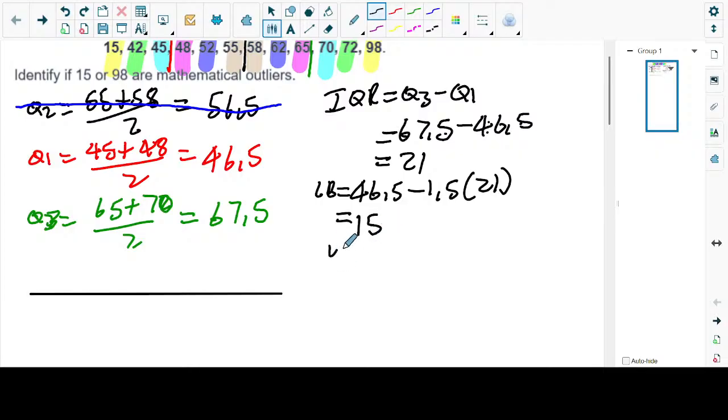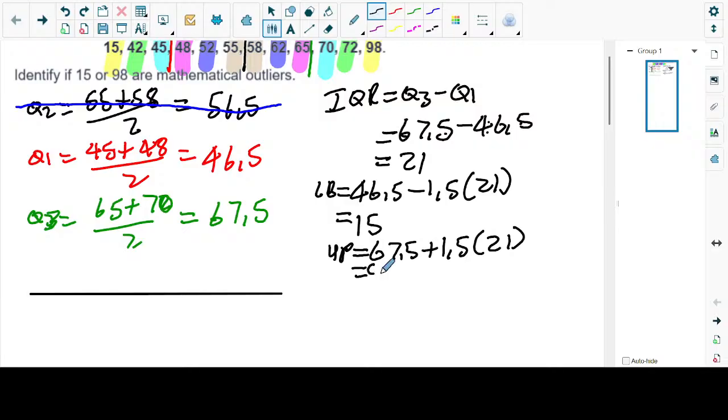Okay. Now we're looking for the upper boundary. Upper boundary is 67.5 plus 1.5 multiplied by 21. Let me punch it on the calculator. Don't want to make a mistake now. 67.5 plus 1.5 multiplied by 21.